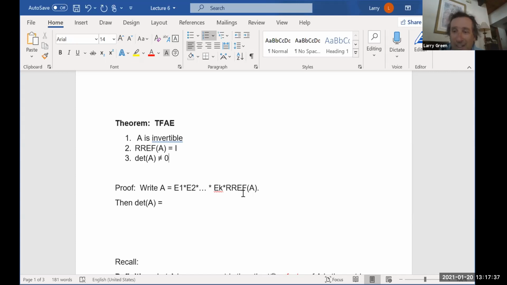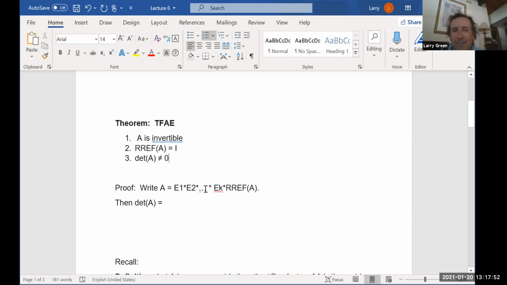What does the E stand for? E stood for elementary. So it means that you could write it as a product of elementary matrices times RREF of A. We did that last time.